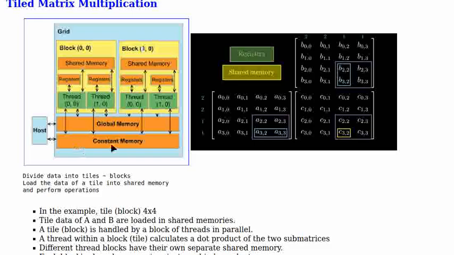Constant memory is read-only memory that's fast. And global memory is the main memory. The data are stored in this main memory. And registers, of course, are the registers in the GPU.